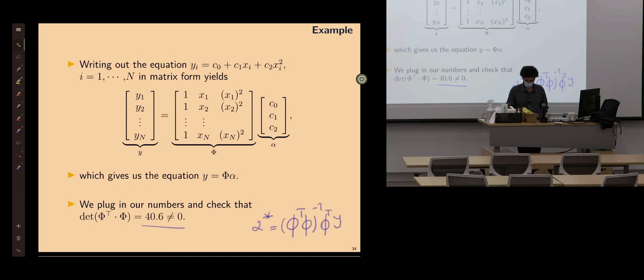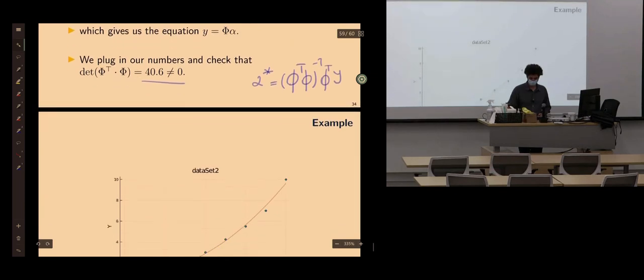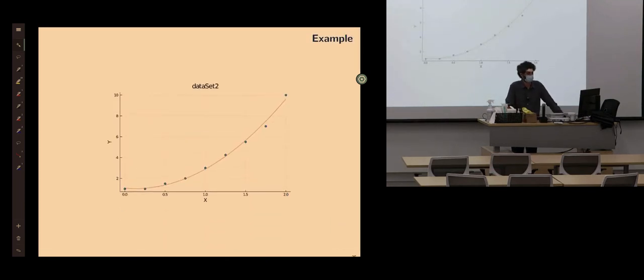So phi transpose phi is going to be 3 by 3, right? Because we have 3 variables that we solve for. We have 3 columns. So we could actually fit a quadratic polynomial using the same linear regression model. So it is a little misleading that linear regression is not for fitting a line. You can fit nonlinear models. It is linear in coefficients.